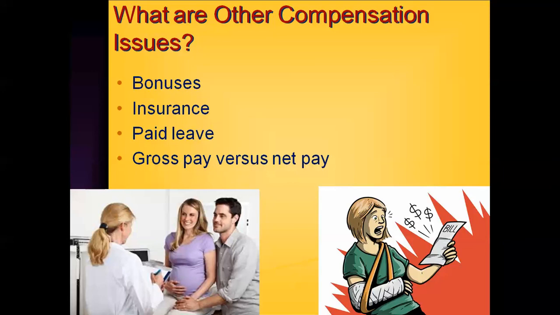There is money taken out for taxes and other related kinds of items that are required by law for your employer to do. And so the actual amount you receive after deductions for taxes and things of that nature is what is called net pay, the amount you receive.